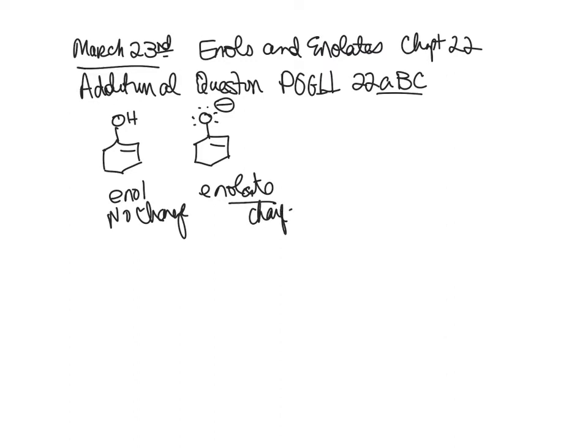And usually this negative charge has a counter ion, like a positive sodium or lithium, okay? That's usually because this is generated maybe using sodium hydroxide. You're also going to see sodium ethoxide, maybe sodium methoxide, and you're also going to see LDA.